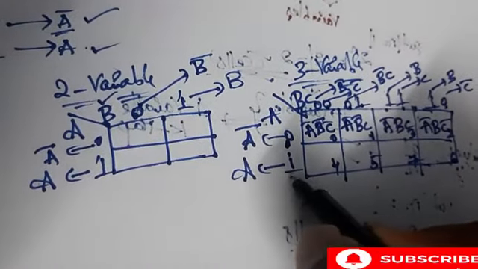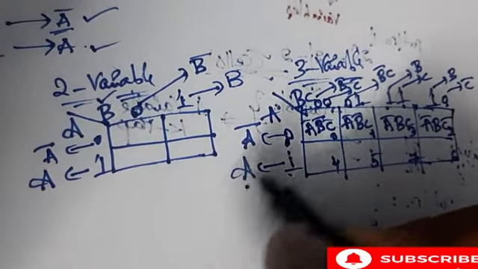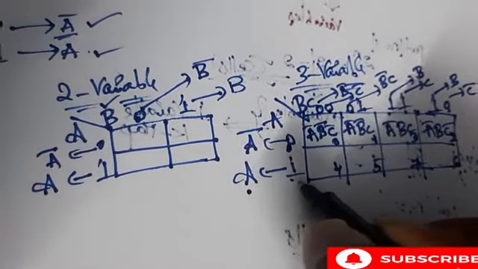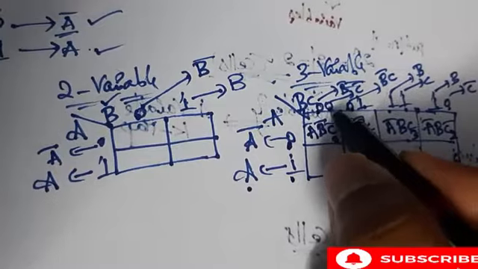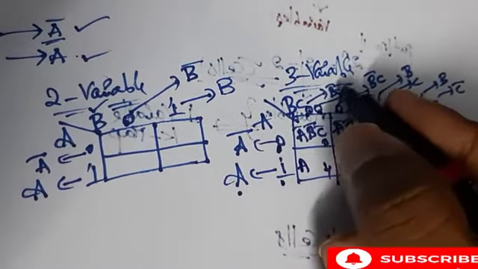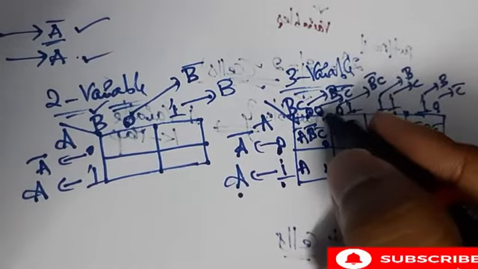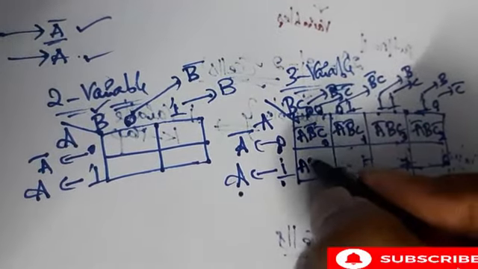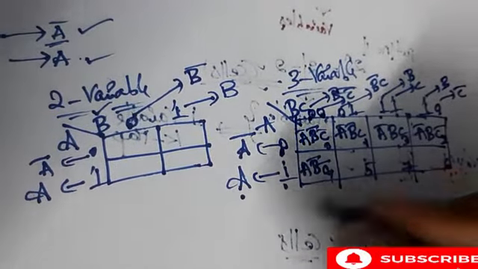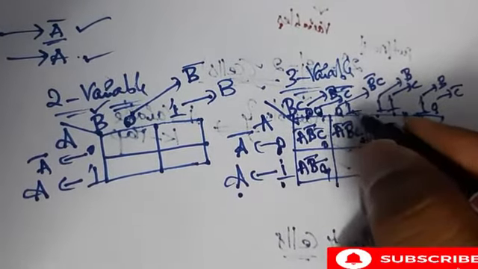Next here A, B, C, right? Here 1, 0, 0. 1 will represent the A, 0 will represent the B bar, 0 will represent the C bar. That means A, B bar, C bar. Here 1, 0, 1.